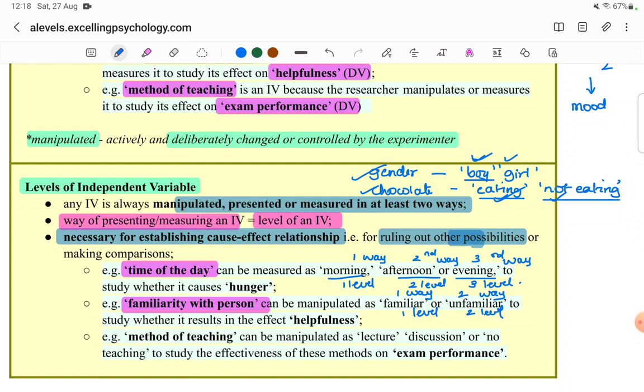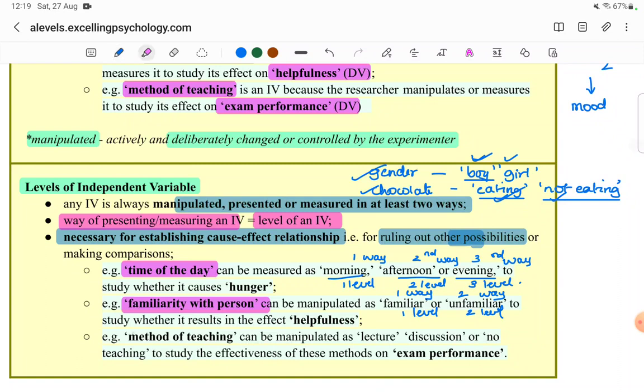So they must be having some friends as it is, and some people must be strangers to them. So he could simply measure how helpful they are towards their existing friends or people they don't know. Or he could make them familiar with some people and keep them unfamiliar to others, and then compare how helpful they are towards each. Regardless of whether he measures or manipulates, it remains an independent variable.